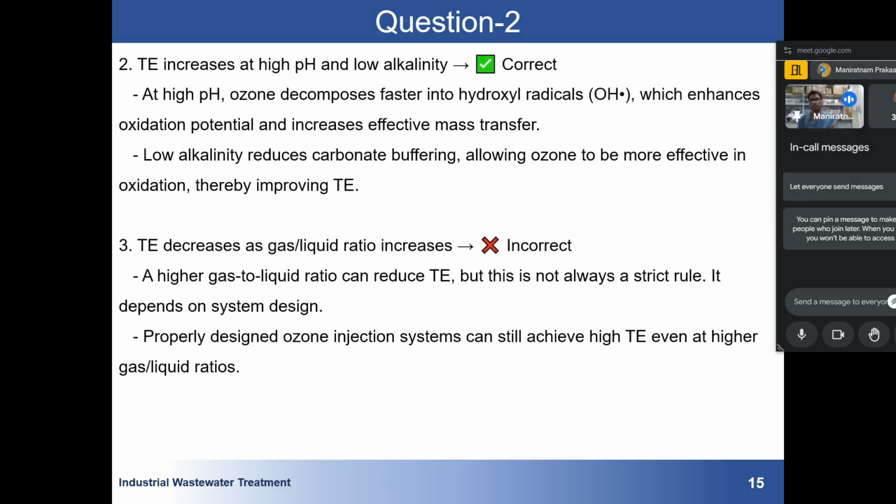TE increases at high pH because ozone decomposes faster into OH radicals. If pH is high, then we have too much OH minus, and more OH minus means more O3 reaction.